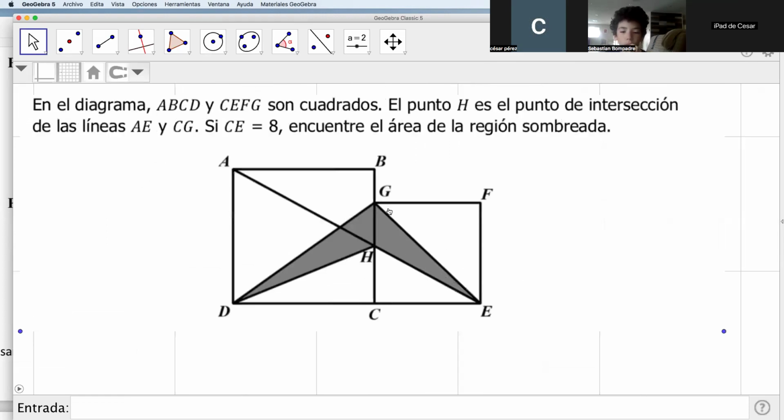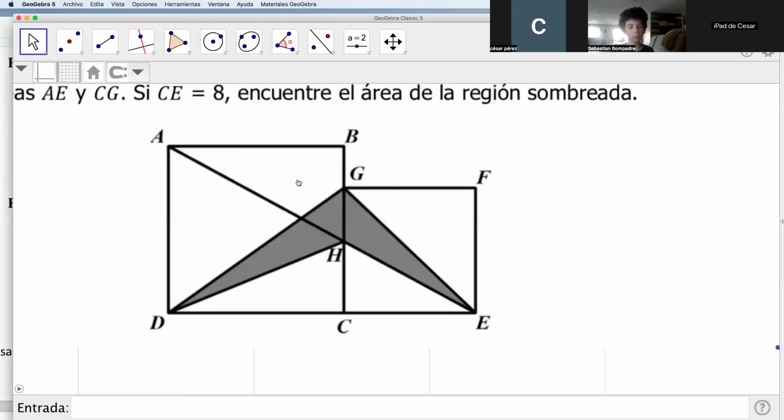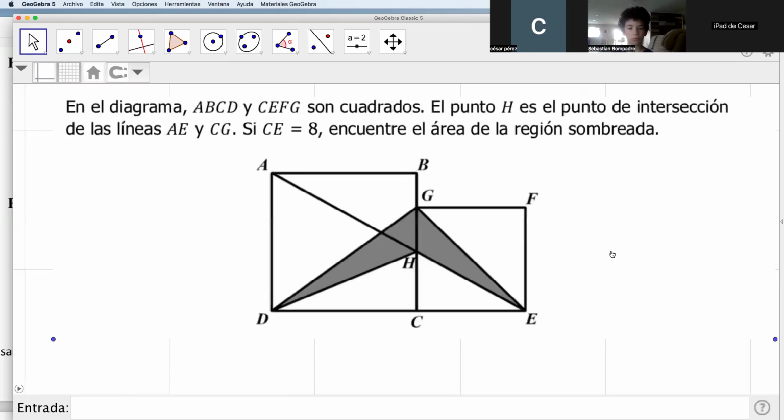We only know that this side is 8, and we don't know what is the side of this square. So we can have, for example, this is 8, and this is also 8.